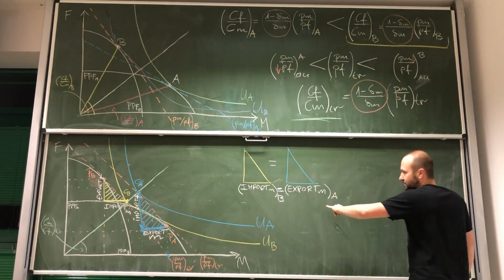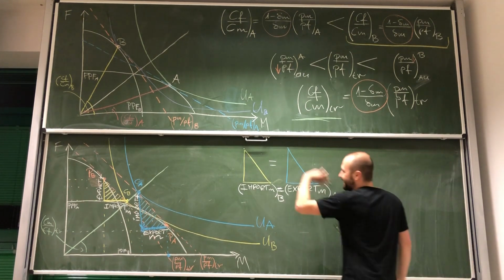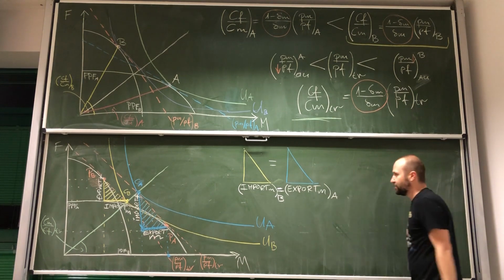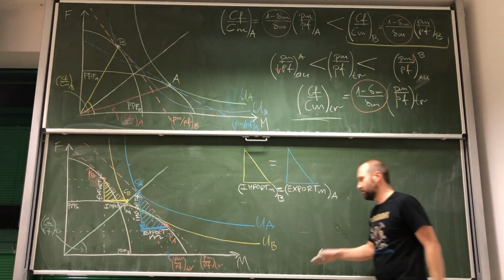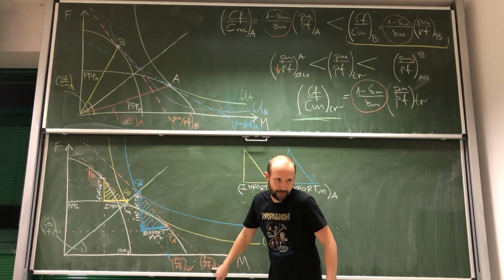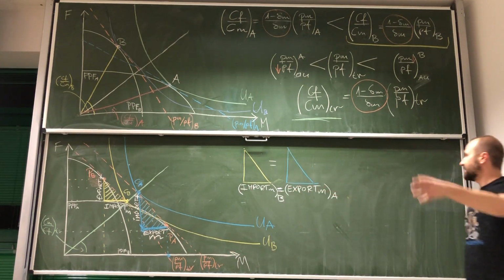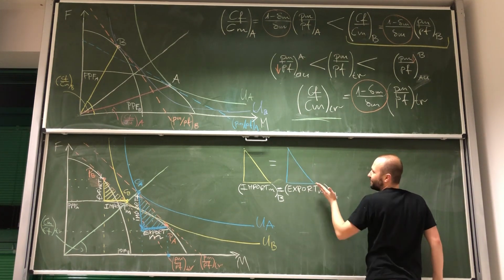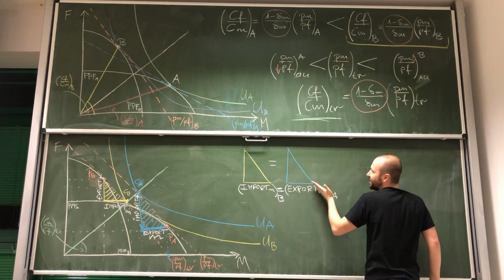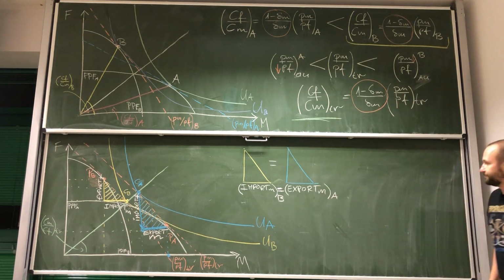Those are the goods that we are sending in exchange for food. Well, what is the exchange ratio? Of course, PM to PF. And you have this ratio indicated by the slope of this line.